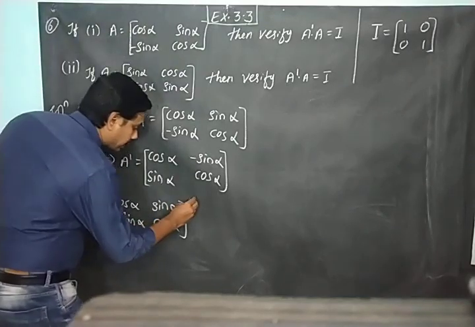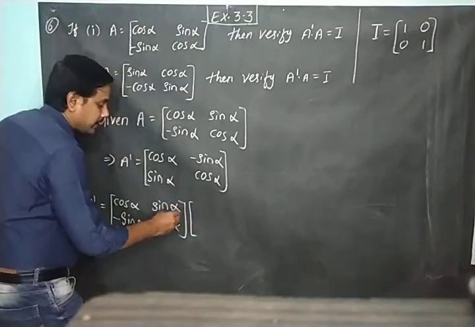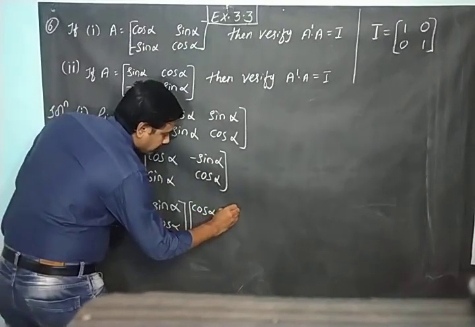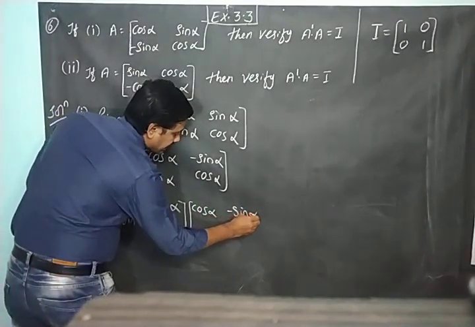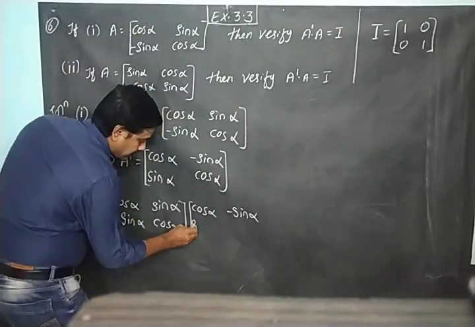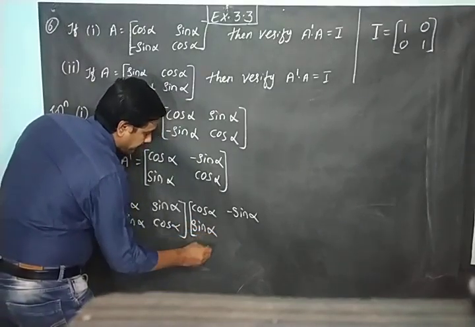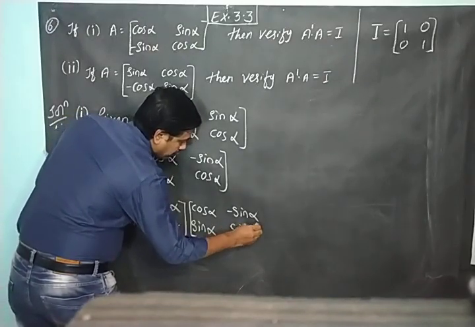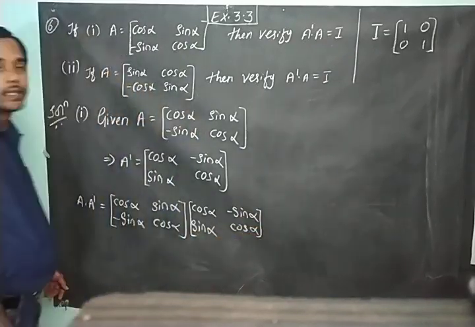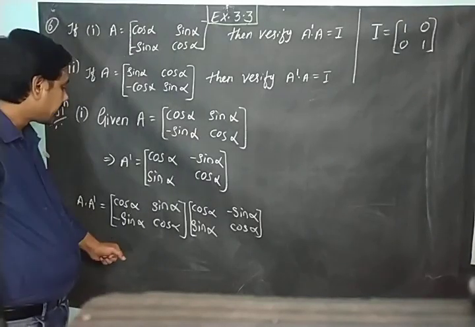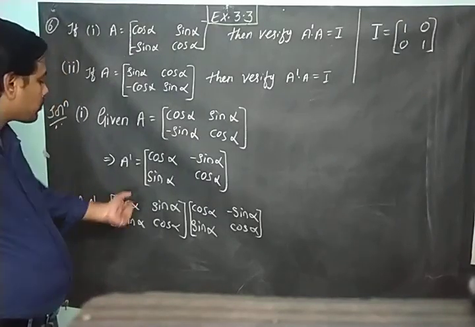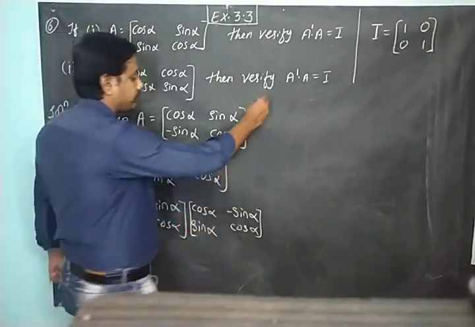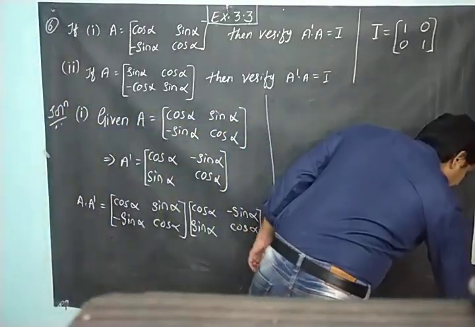A dash we have obtained here: [cos alpha, minus sin alpha; sin alpha, cos alpha]. Is that clear, my students? So A into A dash is what? A is here, A dash is here. Now let us simplify this.